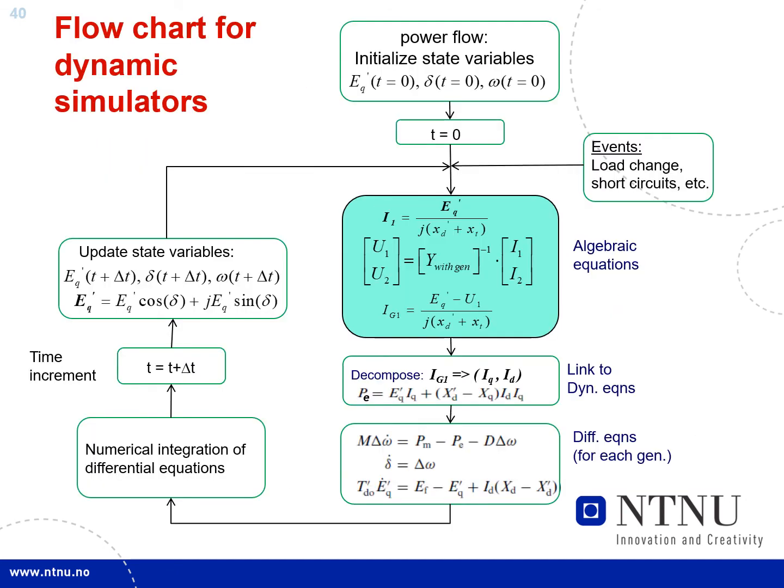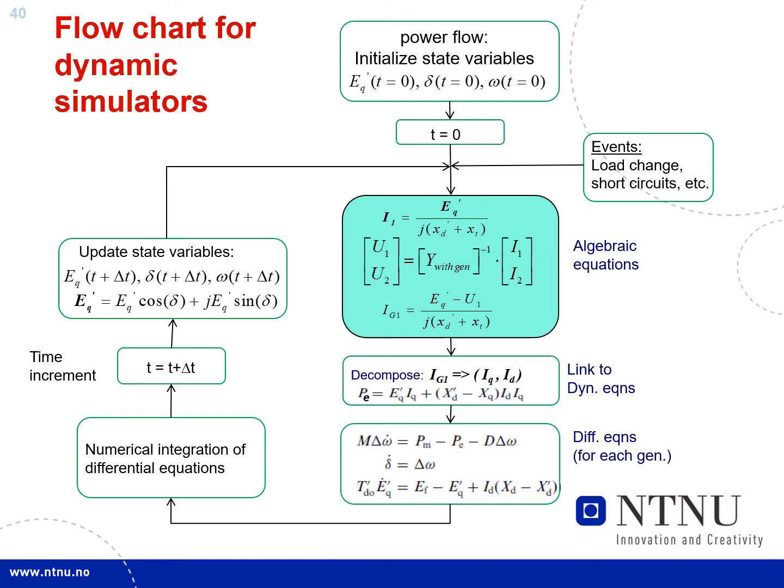When you do that, you get a general flowchart of dynamic simulations like this. You initialize. You do that in PowerFactory by pushing a button. But what it does is that it finds the initial values of all the state variables. In this case, it's the internal transient voltage, the angles, and the speed.